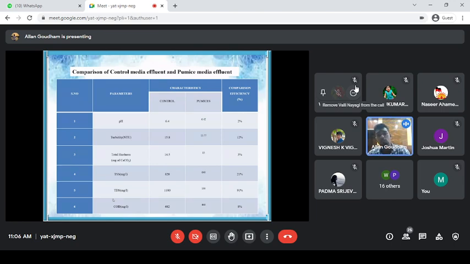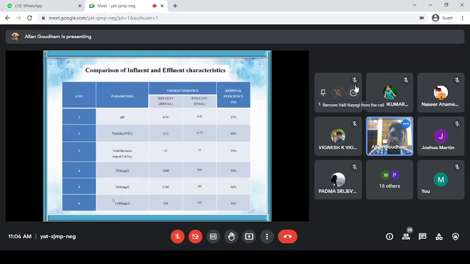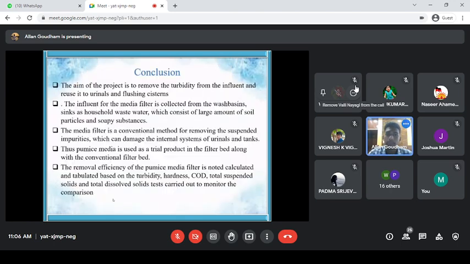You can see the tabulation, how much difference we get in percentage. Now you can see the influent as well as effluent. Most probably we got a better result compared to the control media filter. That is the reason we have chosen the pumice media filter in this project.